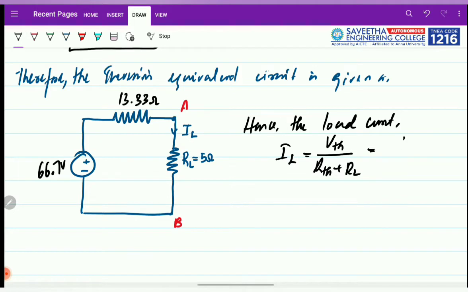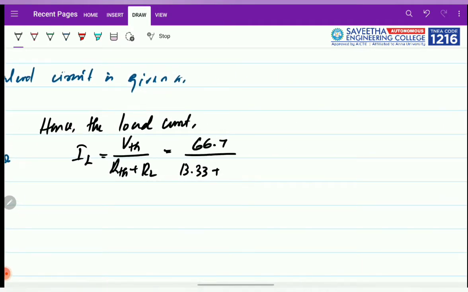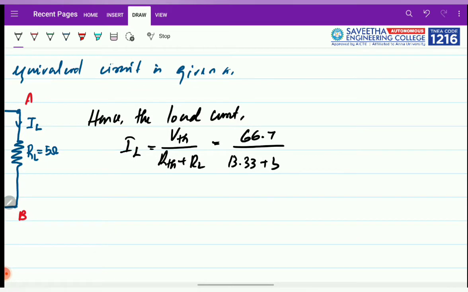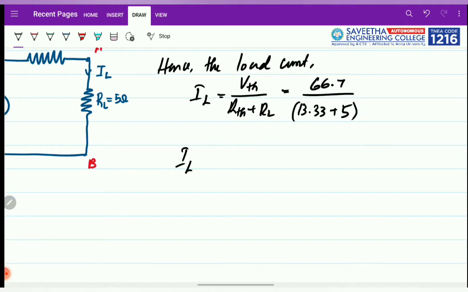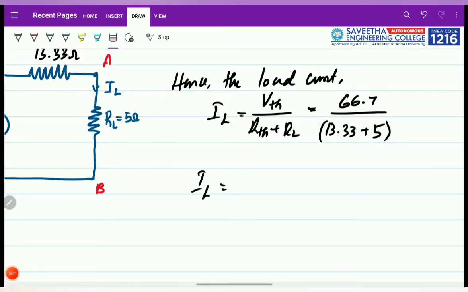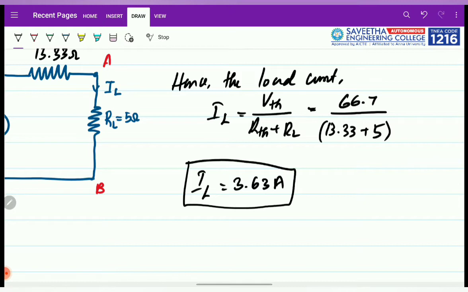It is nothing but 66.7 divided by 13.33 plus the 5 ohm. So this is the value. As we calculate this, we will get the value 3.63 amperes.